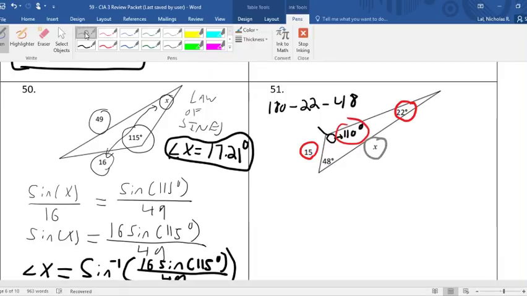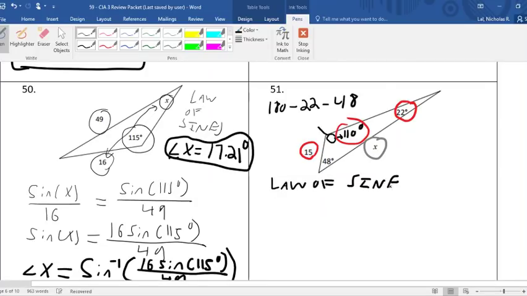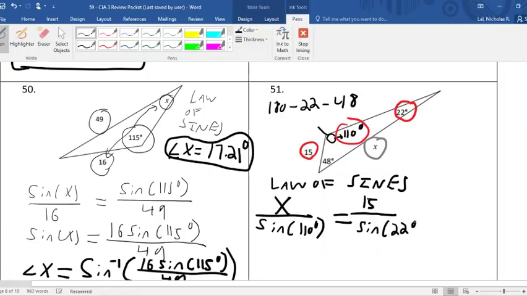So using the law of sines, we can set up that x over the sine of 110 is equal to 15 over the sine of 22 degrees.